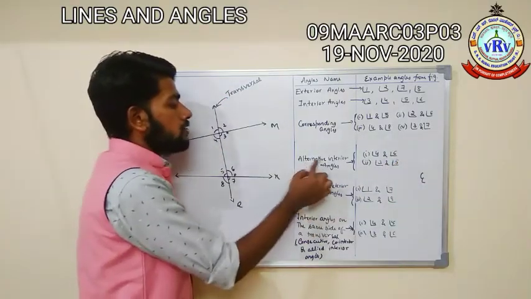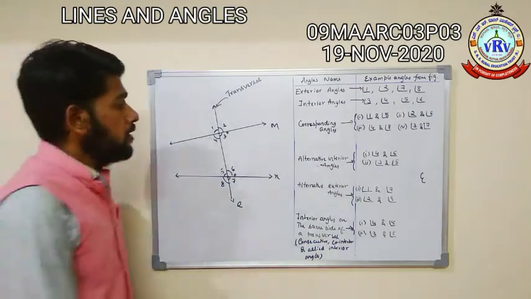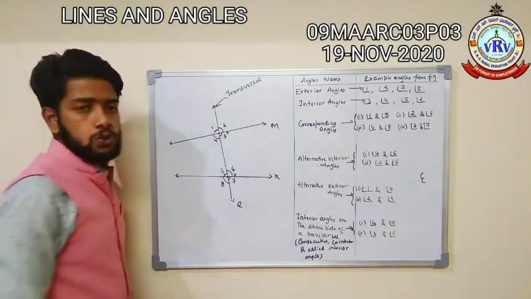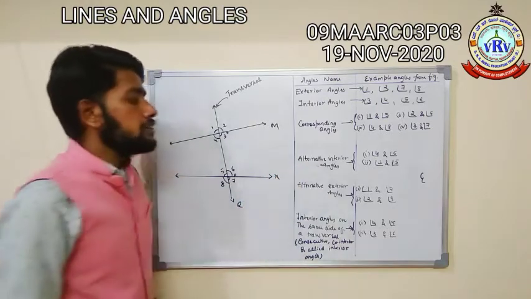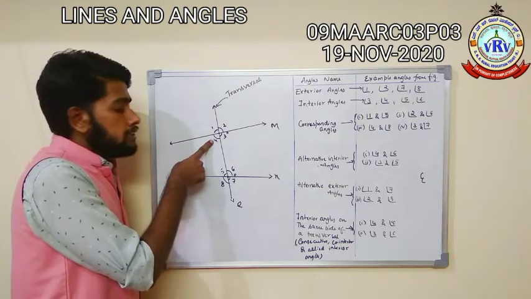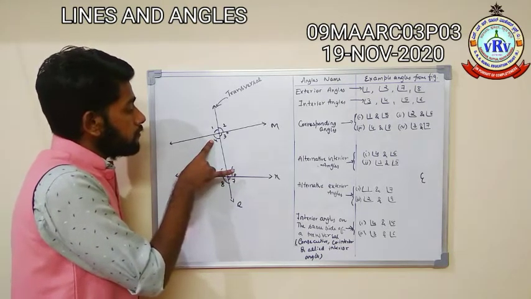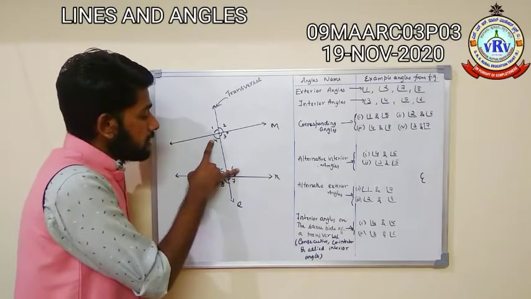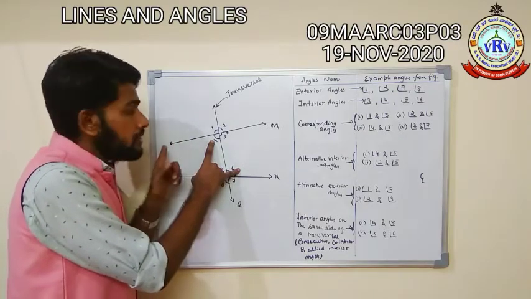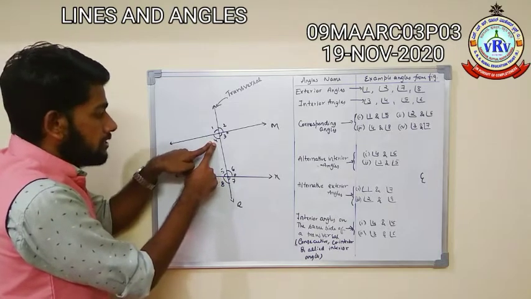Next, come to the alternate interior angles and alternate exterior angles. We know interior angles are those angles in between these two lines. Alternate interior angle means, for one interior angle, the angle on the other line which is also interior but on the other side of the transversal. See, this 4 is an interior angle.